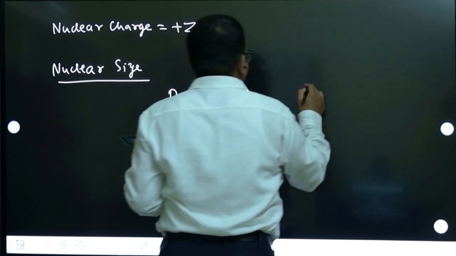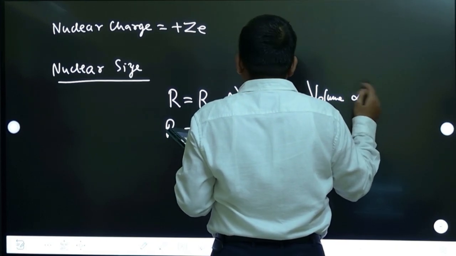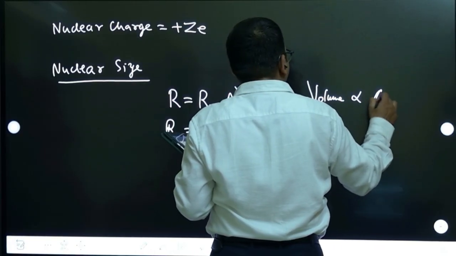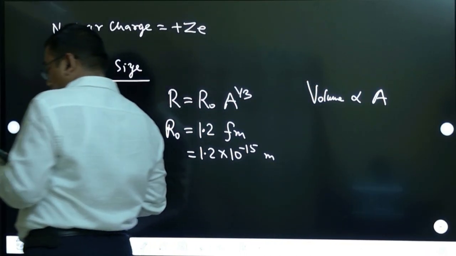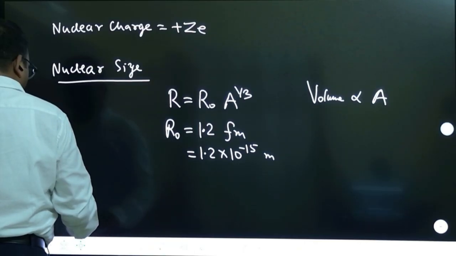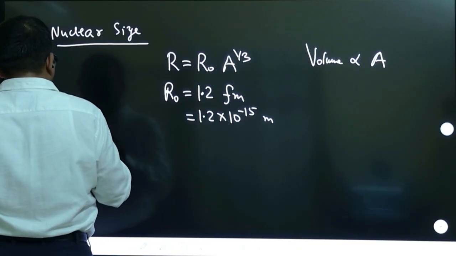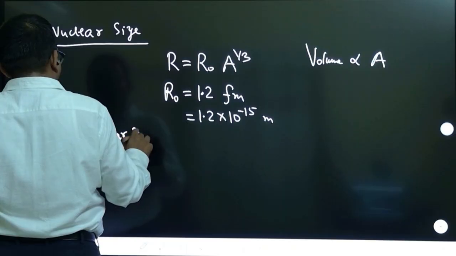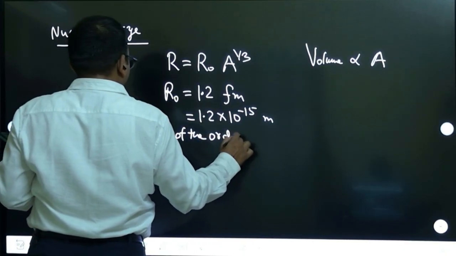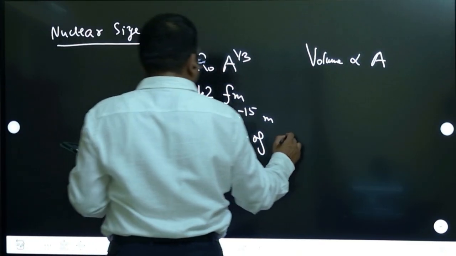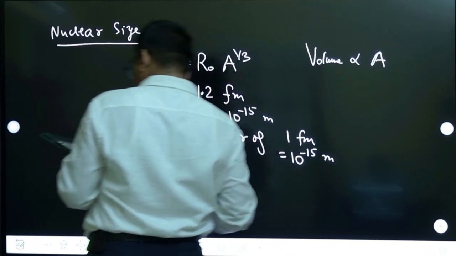So if it is like this, then you can say the volume is proportional to A, because volume is 4 by 3 pi r cube, so r cube means it is proportional to A, right? That's what you can see. And here you need to note that this nuclear size is of the order of femtometer or 10 to the power minus 15 meters.